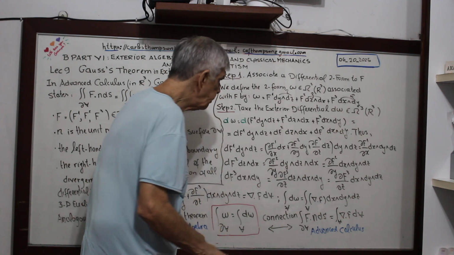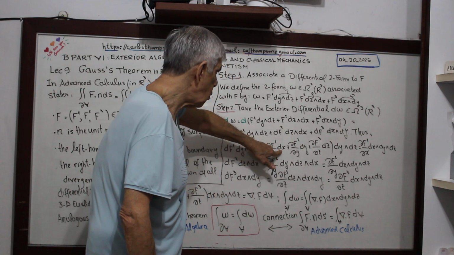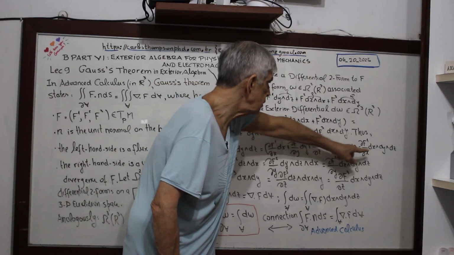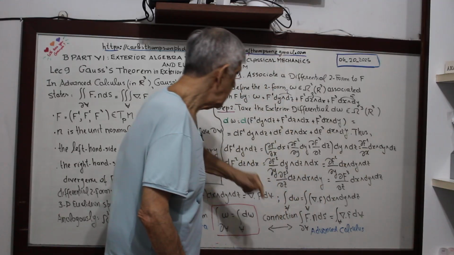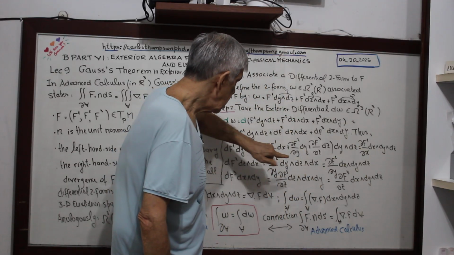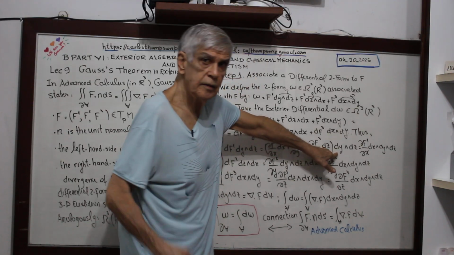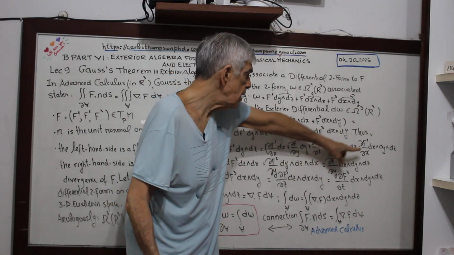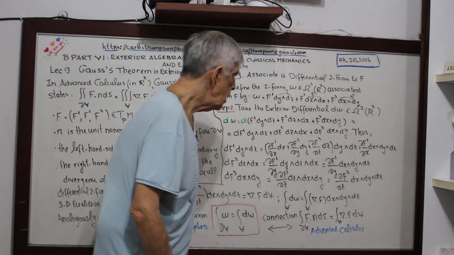Combined with dy dz, I get dx dy dz, but dy wedge dy is zero, which is why I didn't repeat those terms.